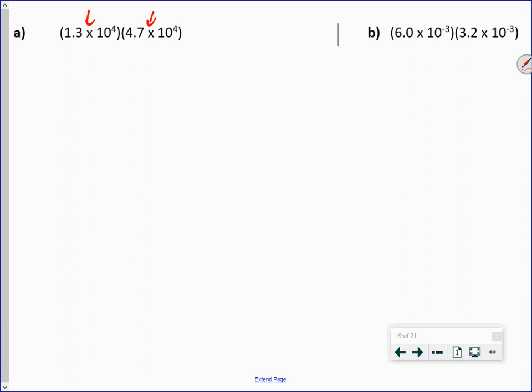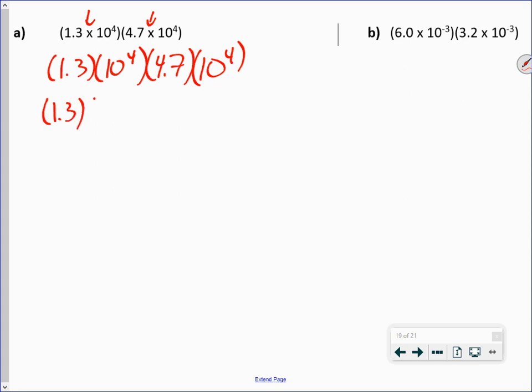That's how you write scientific notation, but another way to think about this is that it's just all this stuff being multiplied. But when we multiply, order doesn't matter. And so we can write this as 1.3 times 4.7 times 10 to the 4th times 10 to the 4th.